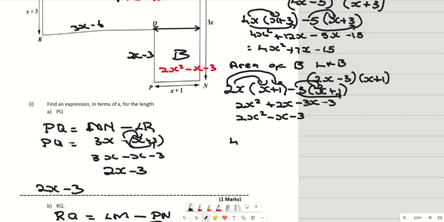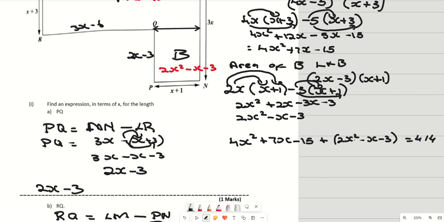That is 4x squared plus 7x minus 15 plus 2x squared minus x minus 3 is equal to 414. Now, we want to make this equal to 0.